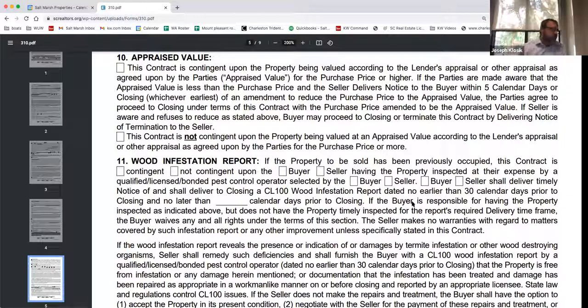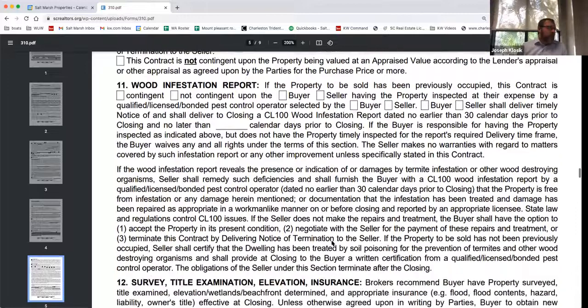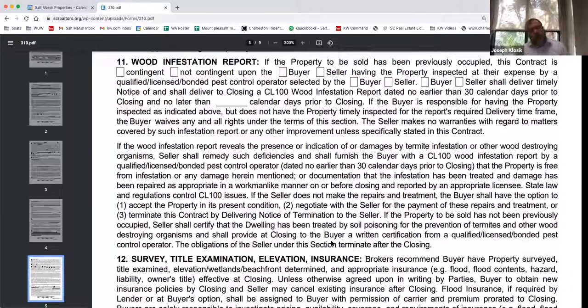Okay. Wood infestation report basically works the same as the repair procedure. Wood infestation report states that it either is or is not contingent upon the buyer or the seller having the property inspected at their own expense by someone selected by the buyer or seller.